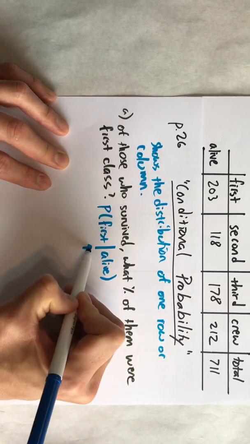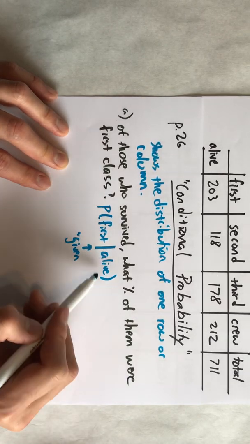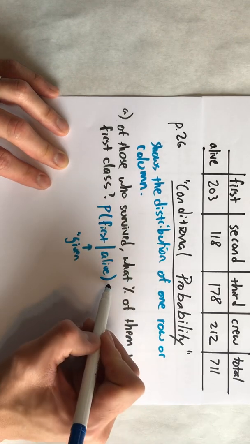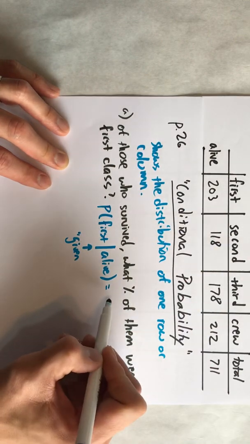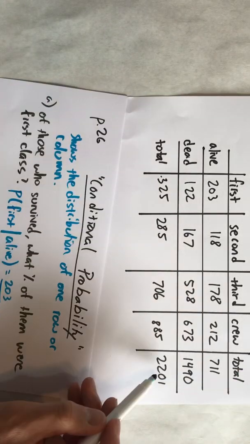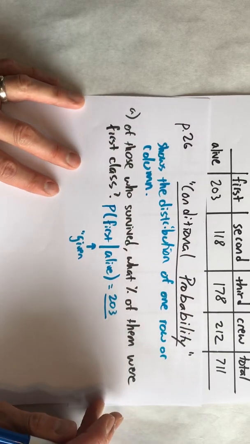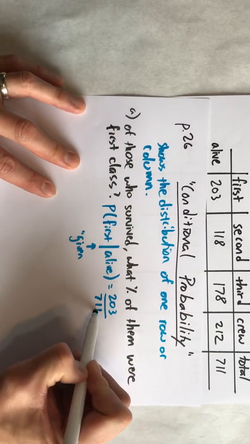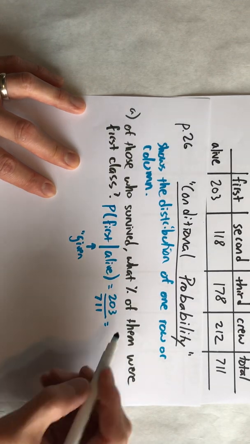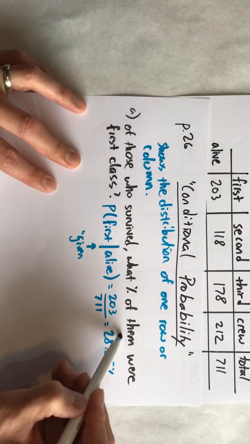Okay, this symbol right here represents given. So given that you were alive, what proportion of those people actually were in first class? So this would be 203, and it's not going to be at the grand total, because again, we don't care about those who died. So we're only looking at the 711, and then 203 divided by 711 would be 28.55%. Okay?